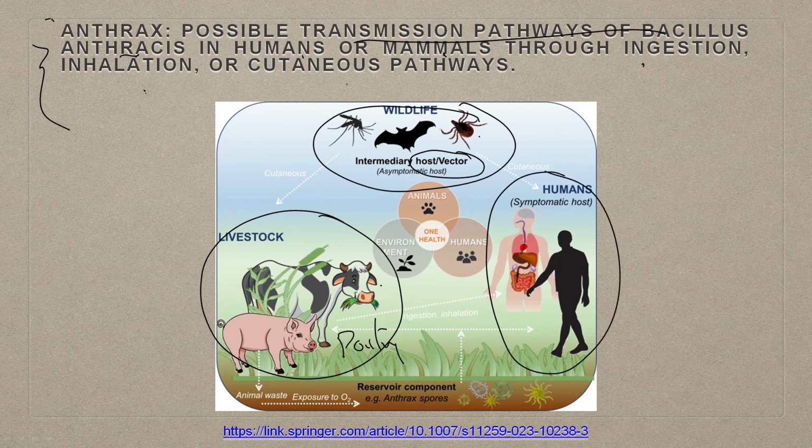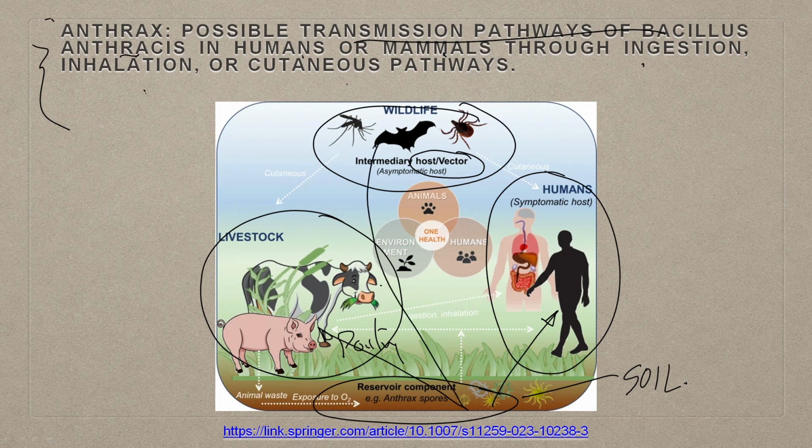There is a continuous interaction among all of them. And here you have the reservoir, soil. From soil it can directly get here, it can go here, it can go here. And then it is a cycle, it is a chain.